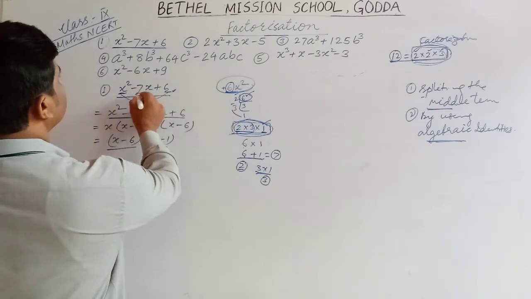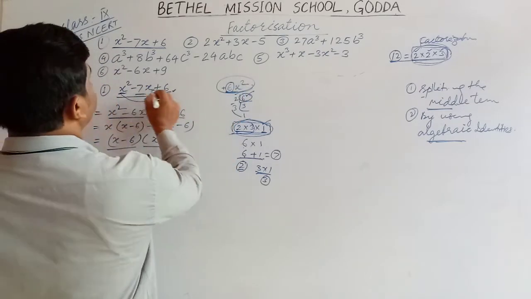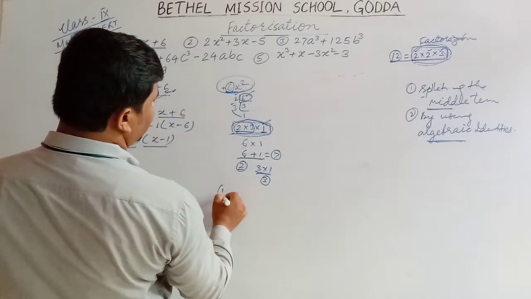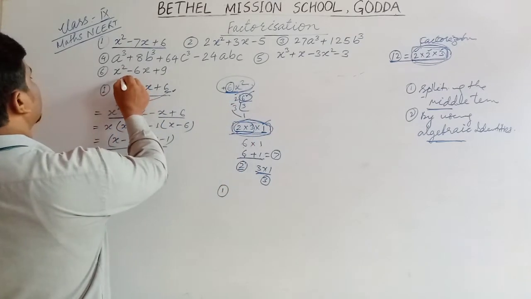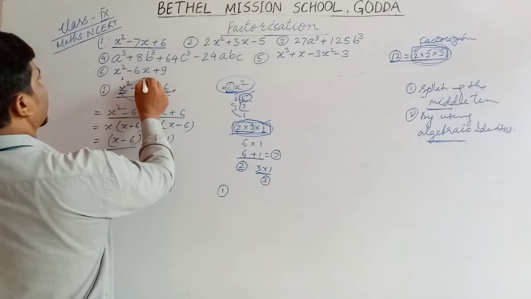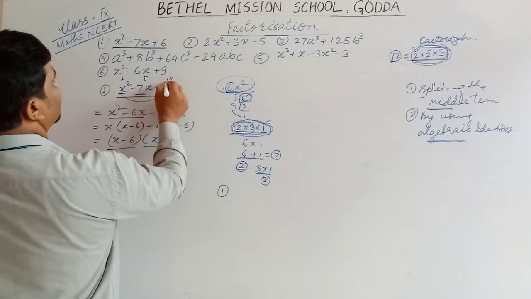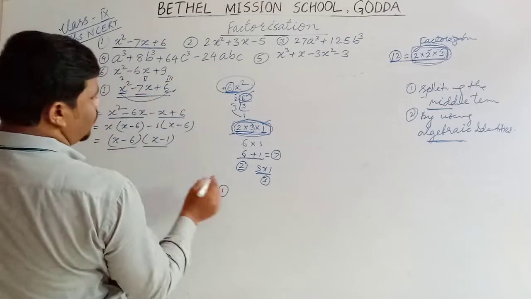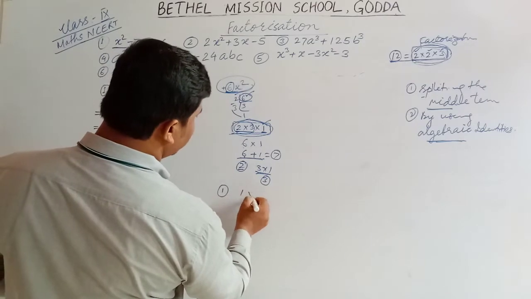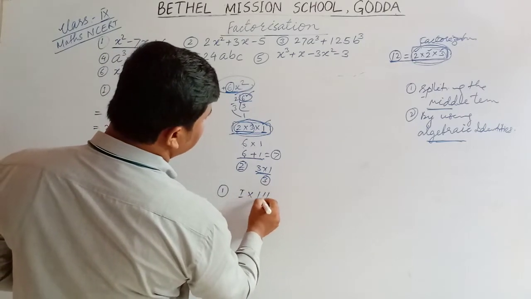First, find the product of the beginning and last term. This is the first term, this is the second term, and this is the third term. So you will multiply the first and last term.